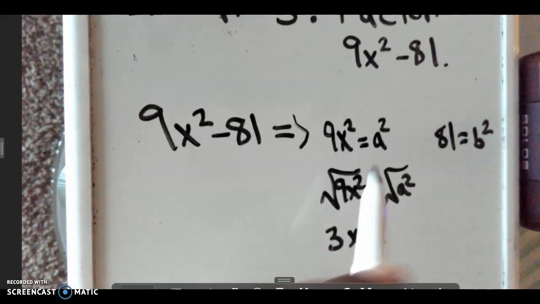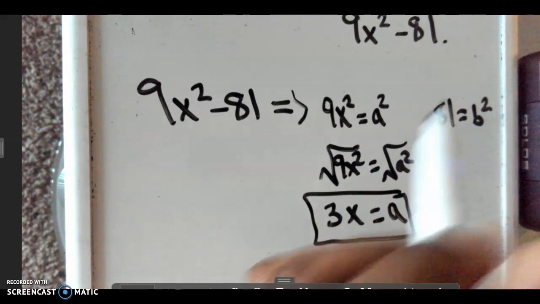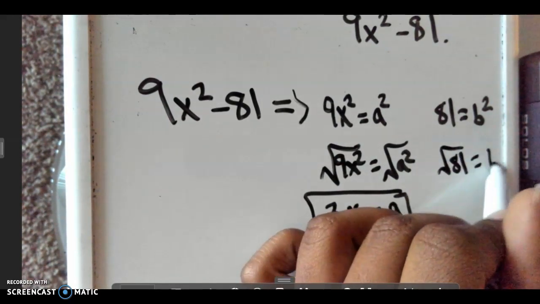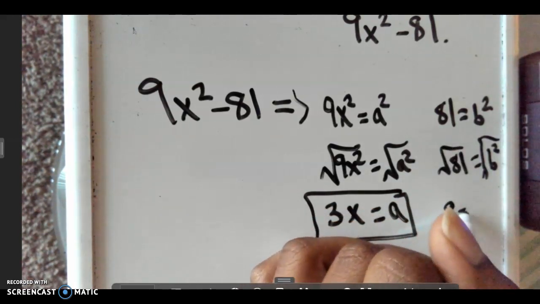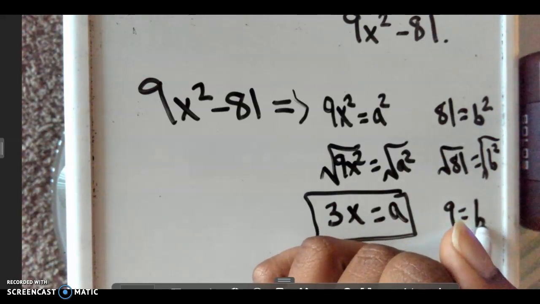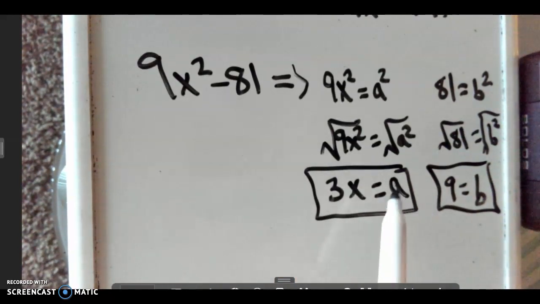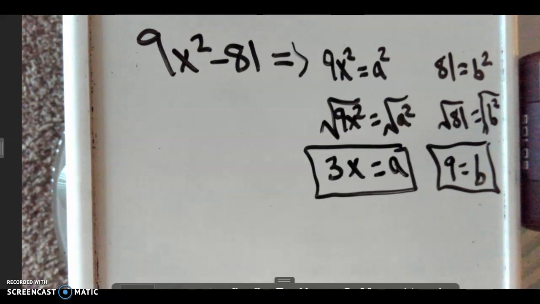The square root of a squared is a, so our a is going to be 3x. Moving on to the second equation, we're going to take the square root of both sides to get b by itself. The square root of 81 is 9, and the square root of b squared is b. So we have found our a, 3x, and our b is going to be equal to 9.